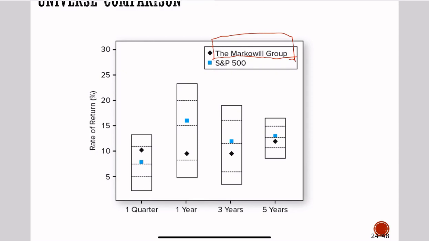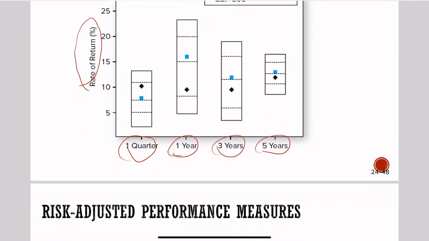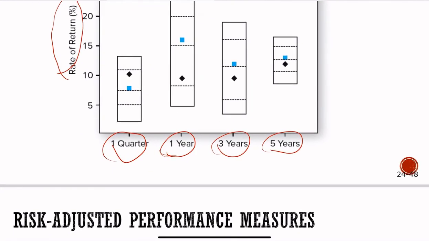Then what you will do is compare this mutual fund to other similar mutual funds, right? So you will look at its returns across different times, right? So the first one, one quarter, basically means the last quarter's return.